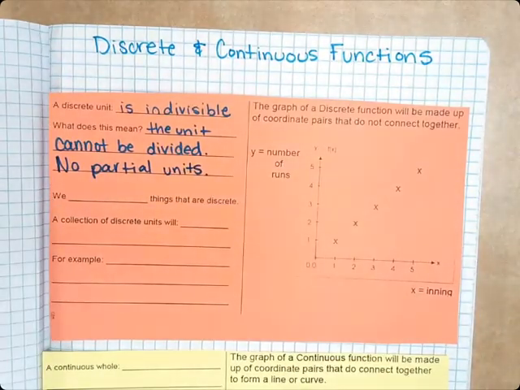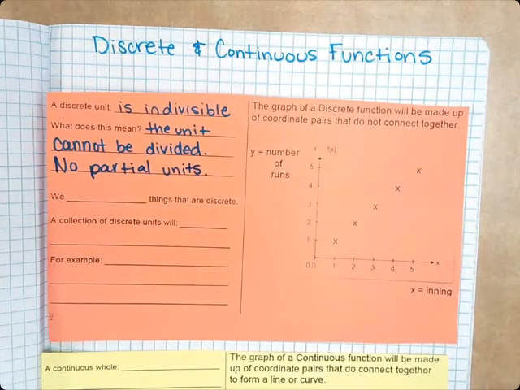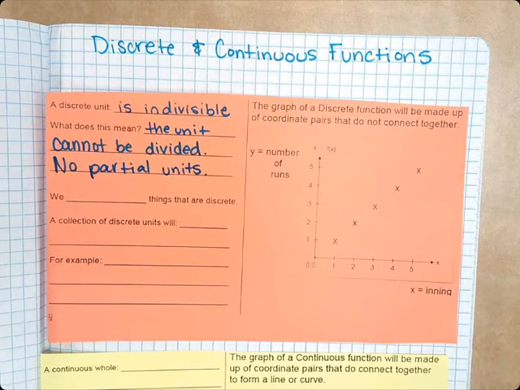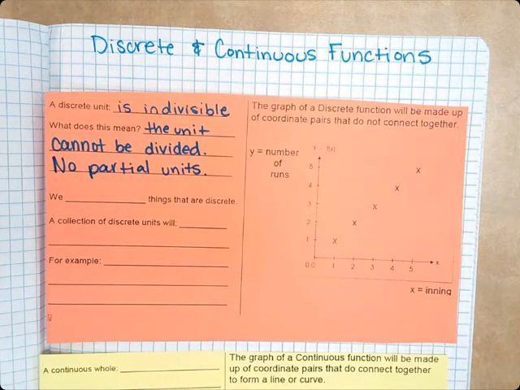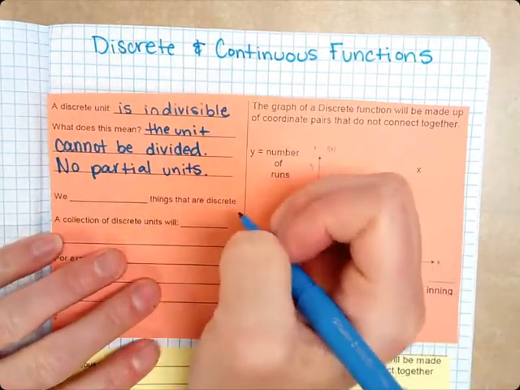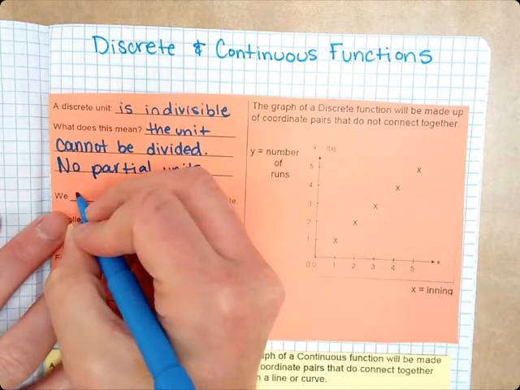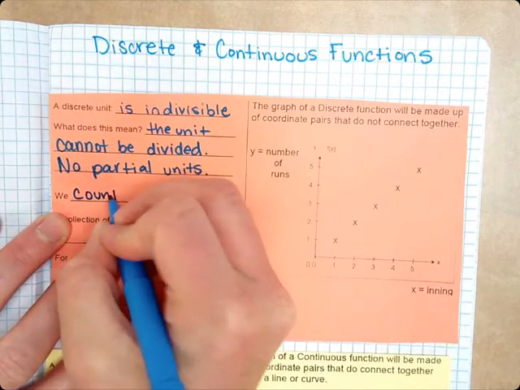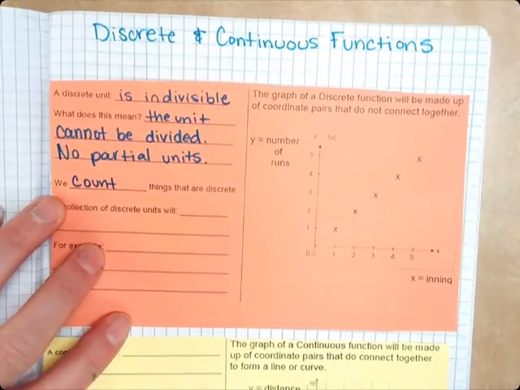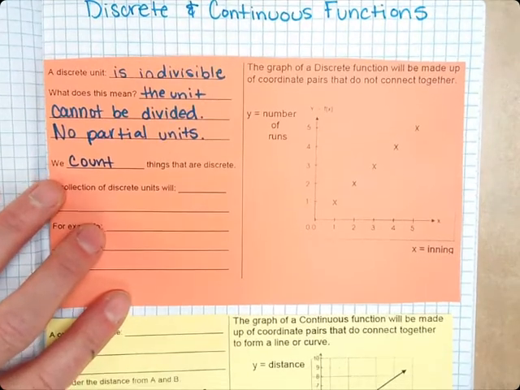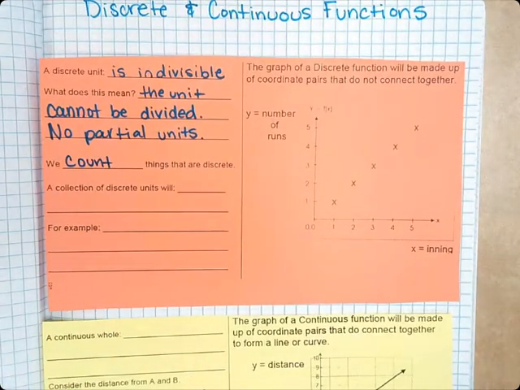Like 1.5 puppies. Can you have 1.5 puppies? No, you cannot. You cannot have partial units. We count things that are discrete, like puppies. I would go out and count how many puppies my dog had. So that would be discrete.